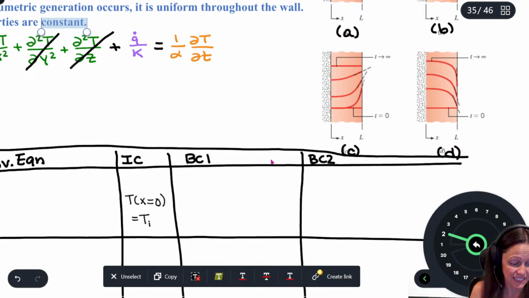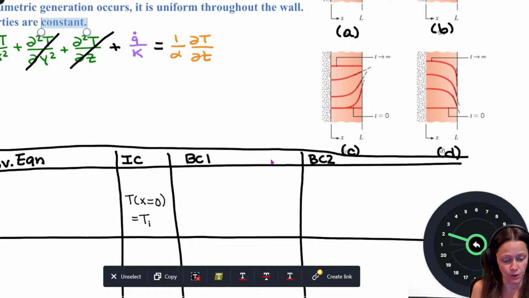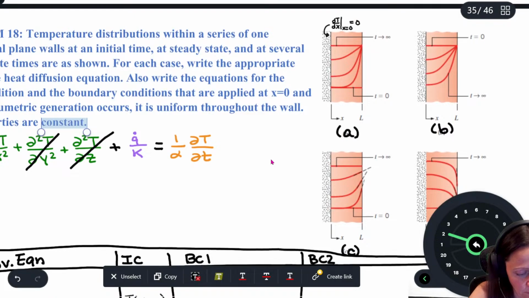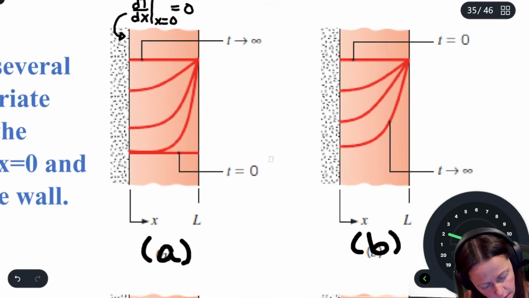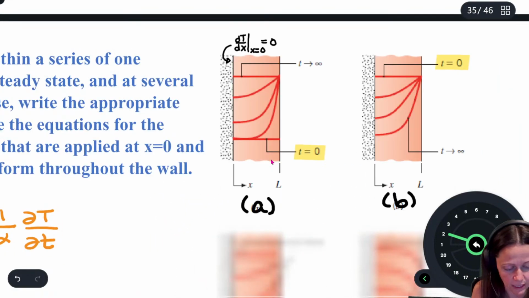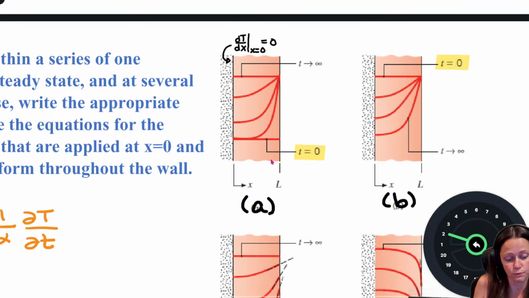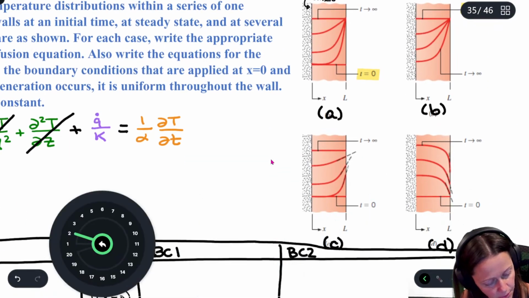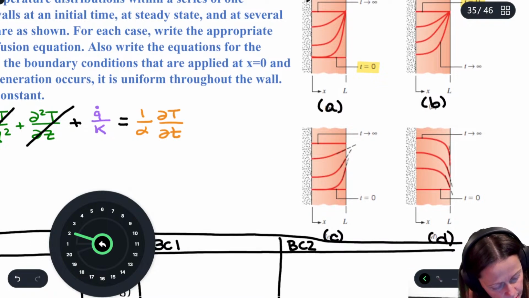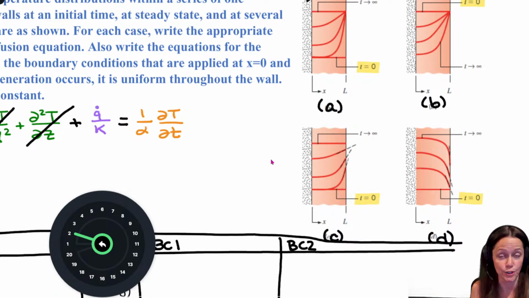And it's going to be the same for every single other case, because if I look at it, they've all got a T at x equals 0 at some temperature, right? For A, it was low. For B, it was high. For C, it's low again. For D, it's low again, but it doesn't matter. It's just some initial condition.